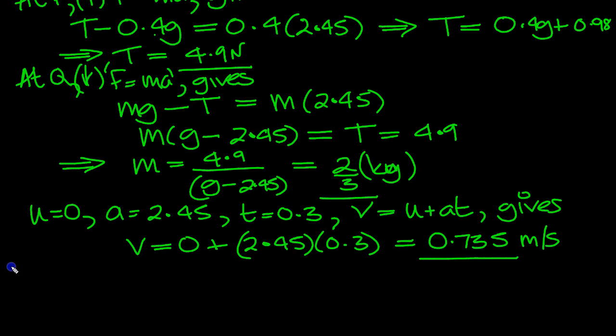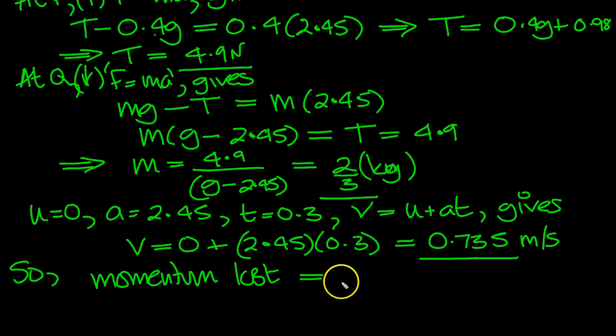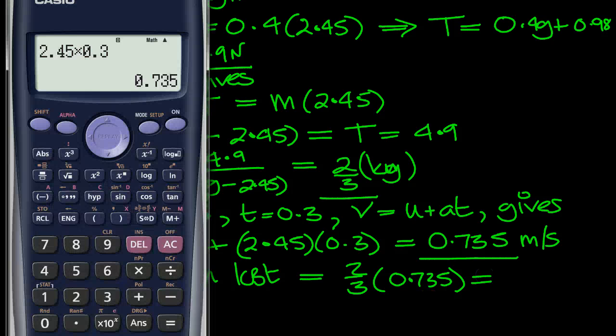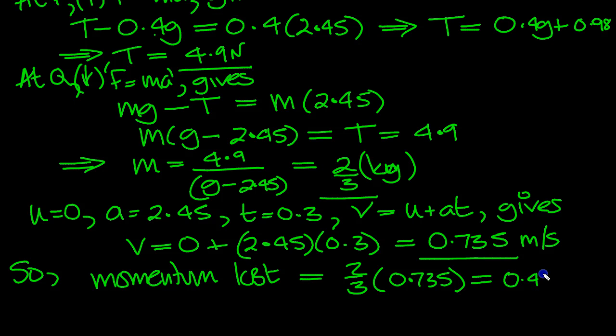So momentum lost. It doesn't have any momentum after because it just hits the ground and stays there. Must be m times v. 2/3 is the mass times 0.735. So times this by 2/3 then, 49 over 100, 0.49. Momentum is m kilograms, v meters per second. So there's the momentum lost then.